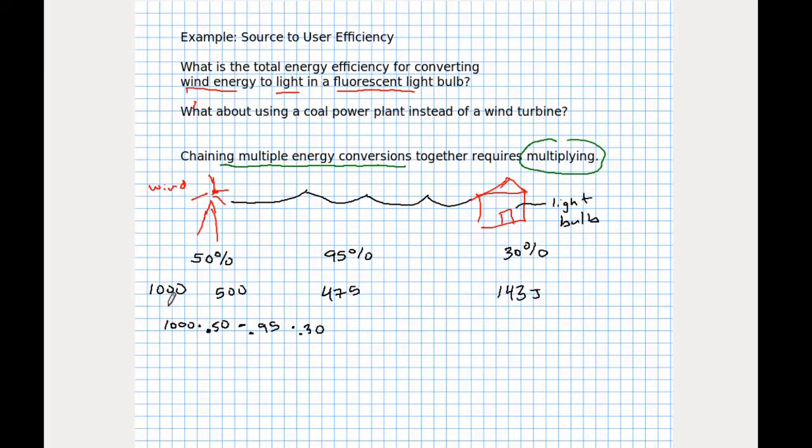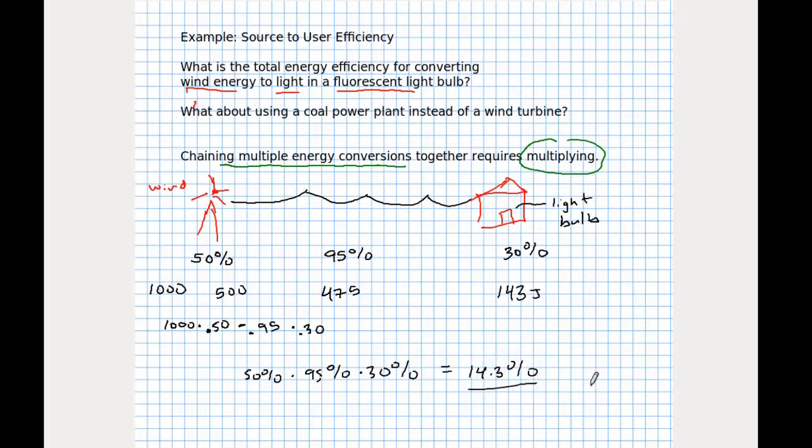So I started with 1,000 and I ended up with 143 by losing half, then losing 5%, and then losing 70%. The net result of that is that basically you need to multiply each of those percentages together. 50% times 95% times 30% ends up being 14.3%.